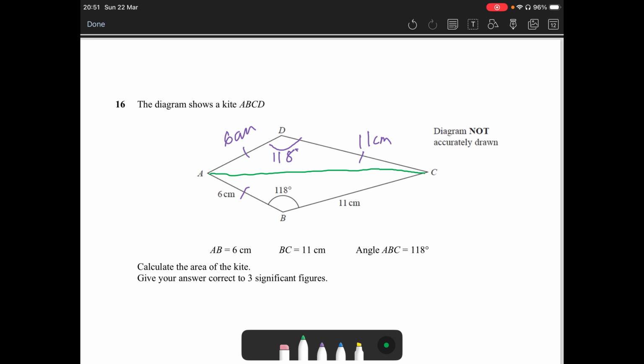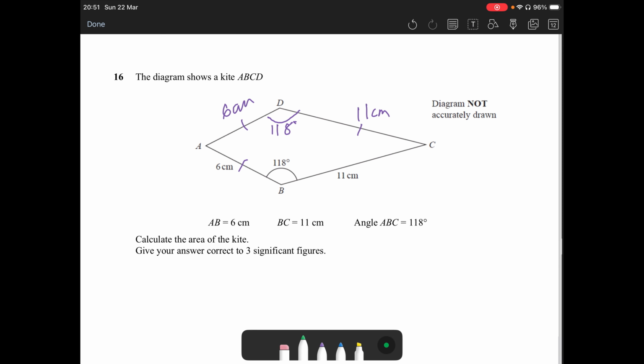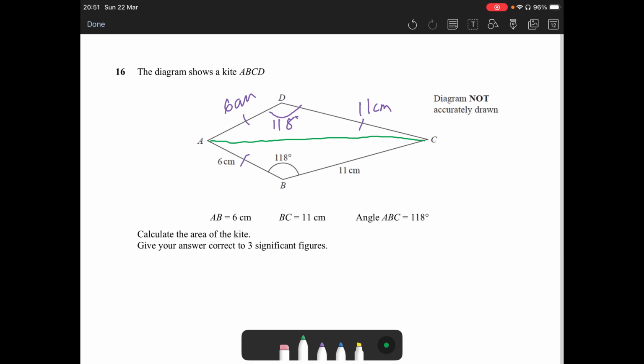Now, these two triangles that I have just split this into are symmetrical. They are congruent, this is not a proof of congruency question, but take my word for it. They're two identical triangles. Obviously, one's been reflected, but the important part is both areas are the same.